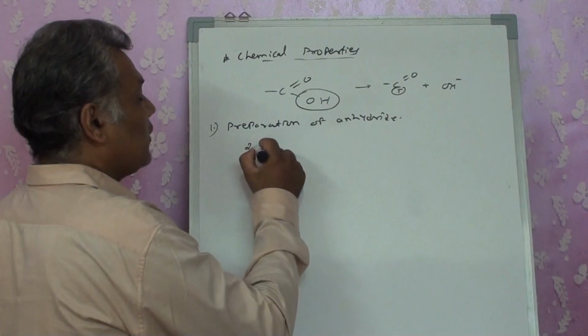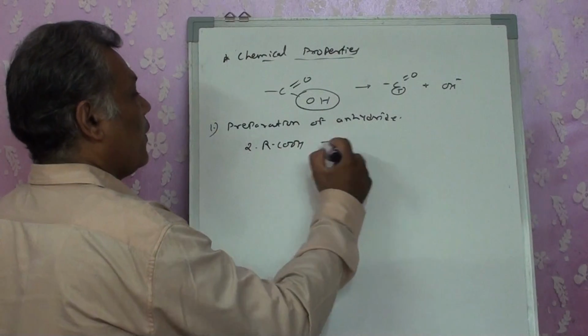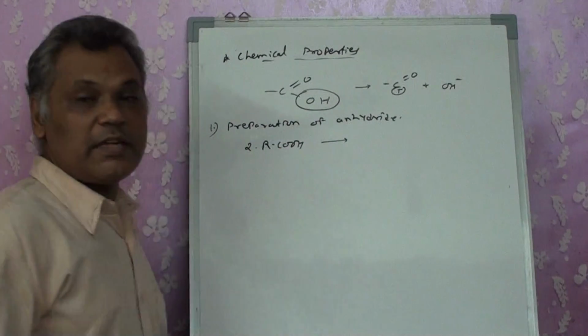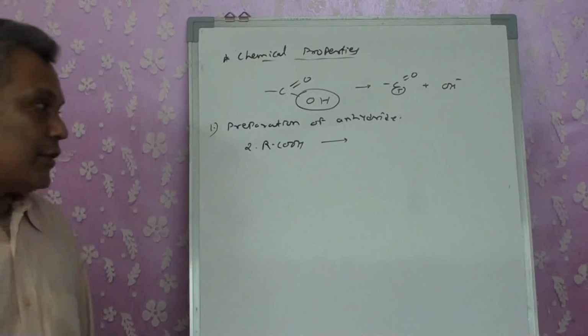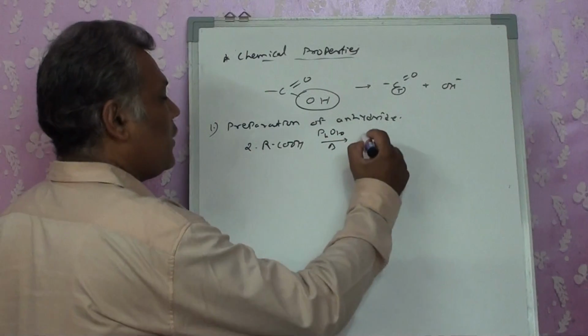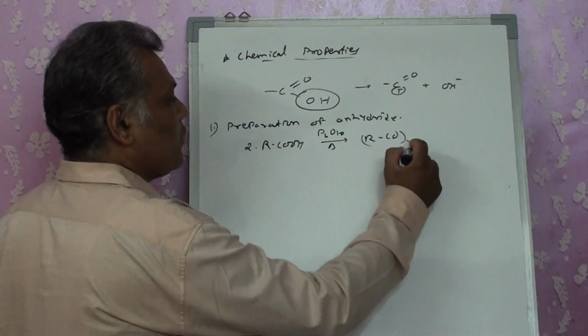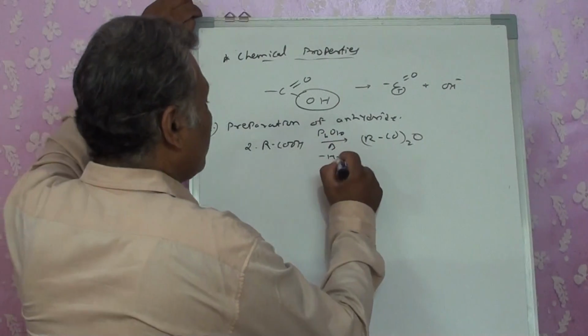We are taking 2 moles of RCOOH and adding a dehydrating agent like P4O10. On heating, it produces (RCO)2O. That means H2O is removed.